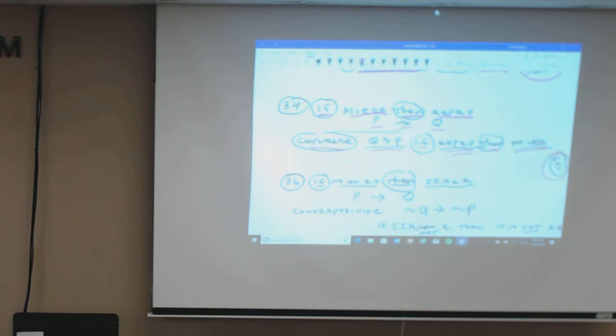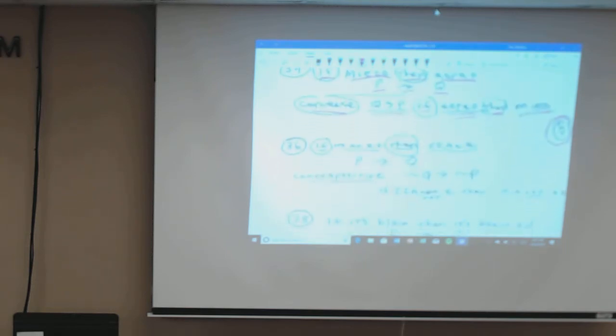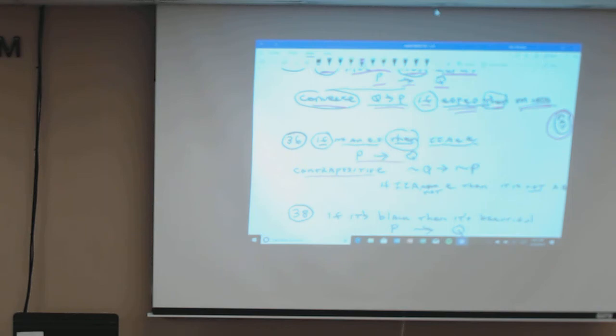Number 36. In problems 36 to 40, write the contrapositive. Now they want the contrapositive. If P, then Q, the contrapositive is if not Q, then not P. And this is P, and this is Q. So, how do I say it in words?